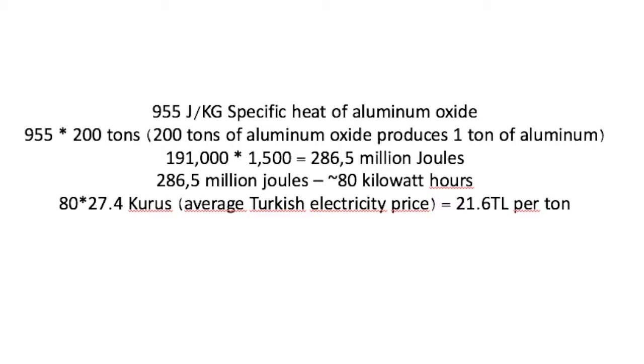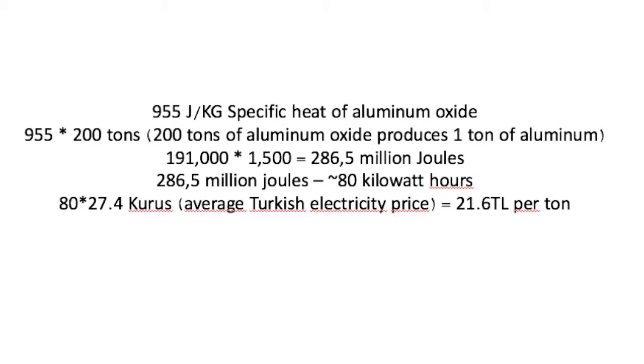Since the specific heat of aluminum oxide is around 955 joules per kilogram, we'd first have to multiply that by 200 tons, since 200 tons of aluminum oxide makes 1 ton of aluminum. We would get the following number and then multiply that by the temperature we need, 1500 degrees, which would give us a required amount of 286.5 million joules.